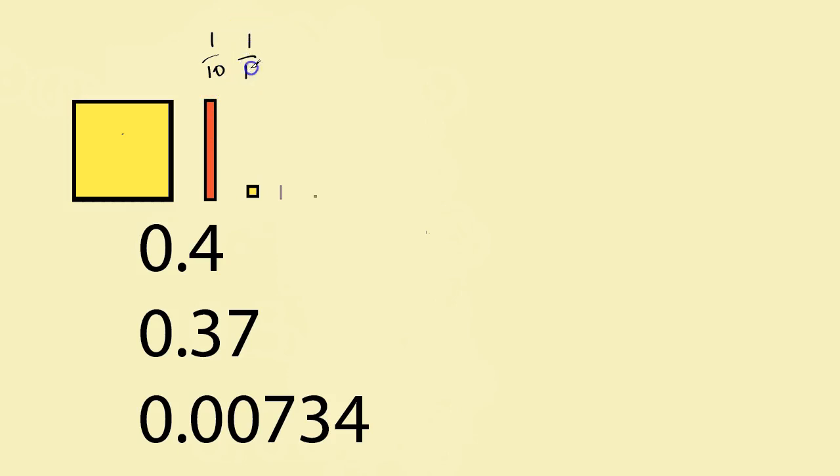It's 1/100. This is 1/1,000. This is, wow, so small. It's 1 over 10 to the 4. And the next digit over is going to be 1 over 10 to the 5.